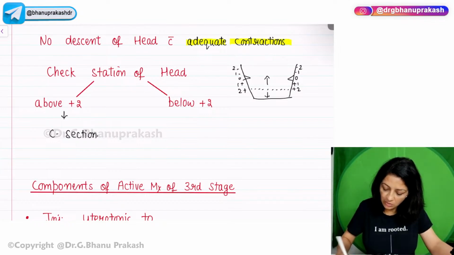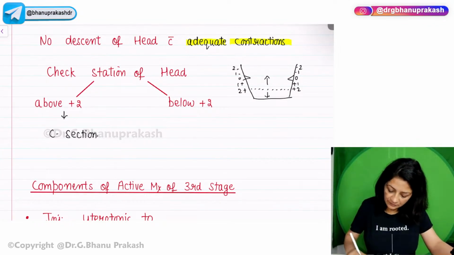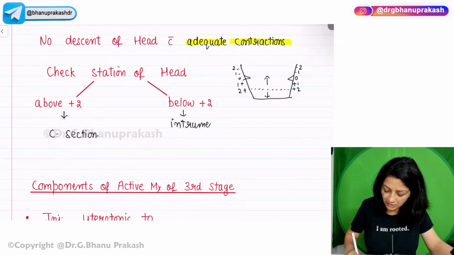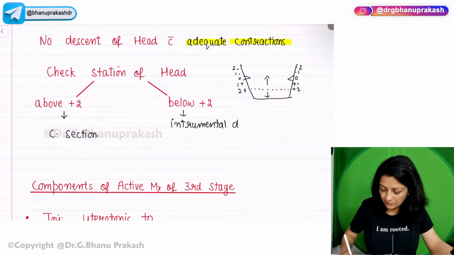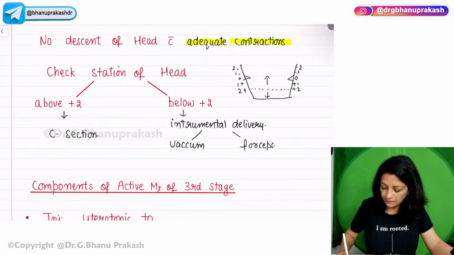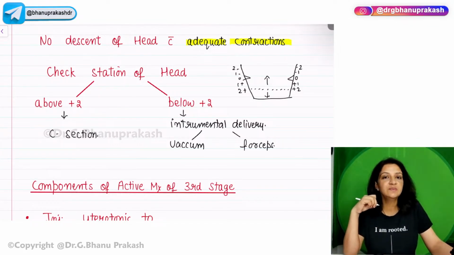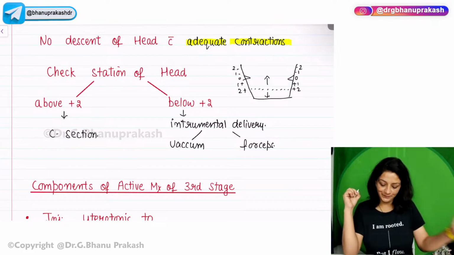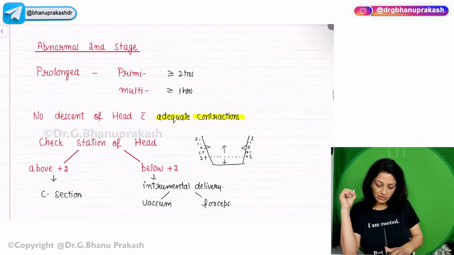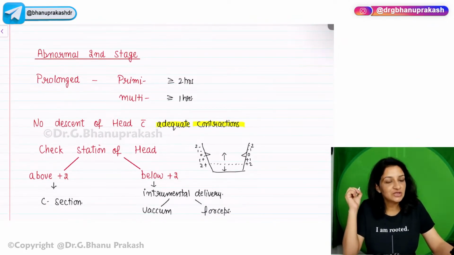If below +2 then instrumental delivery. You can use vacuum or forceps. Vacuum and forceps delivery, instrumental delivery. So this is all about abnormal second stage of labor.